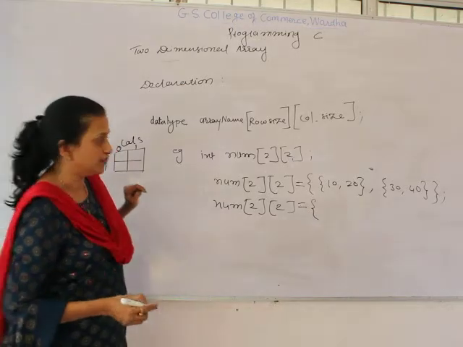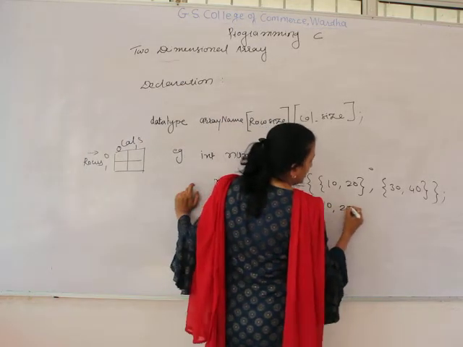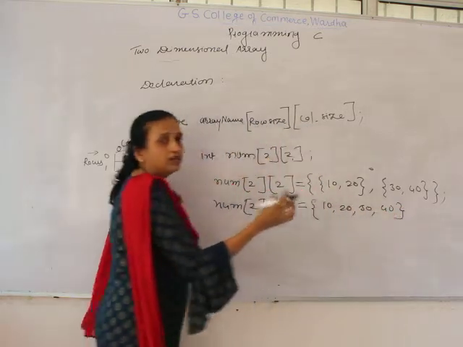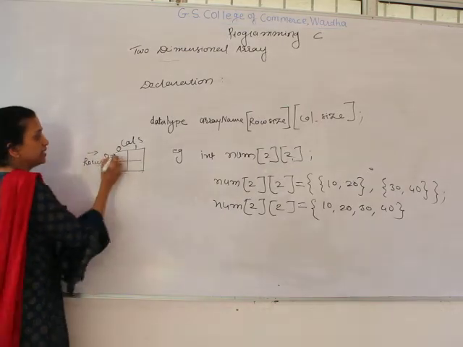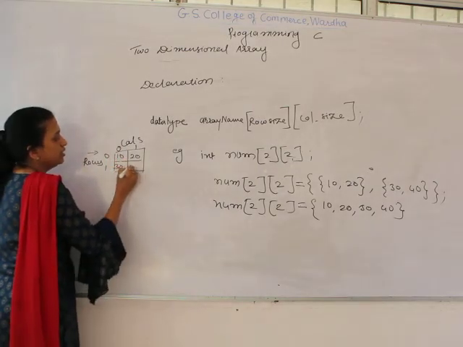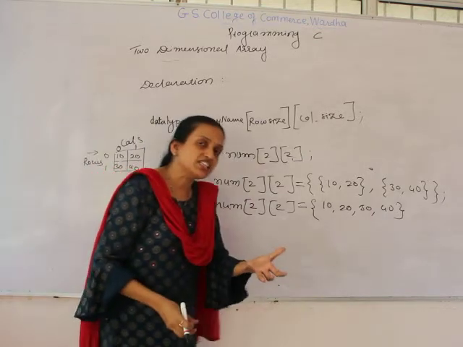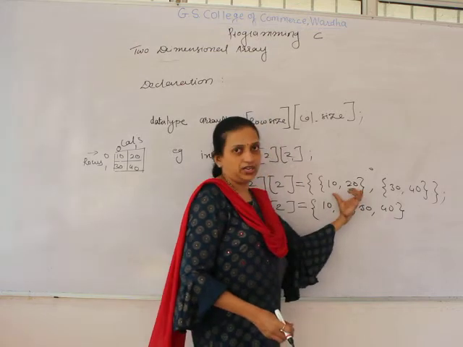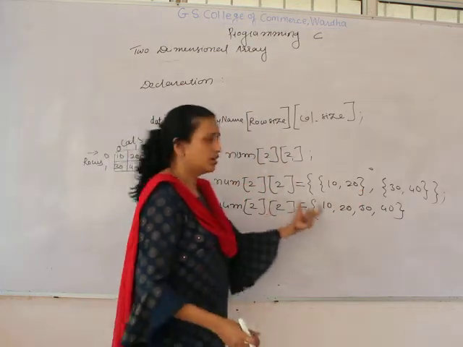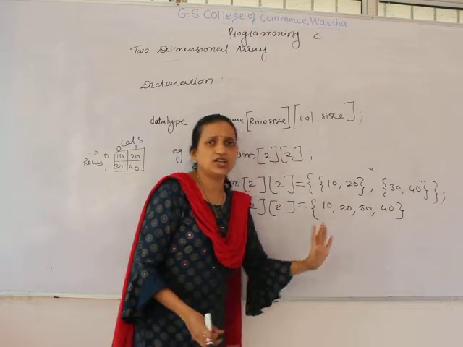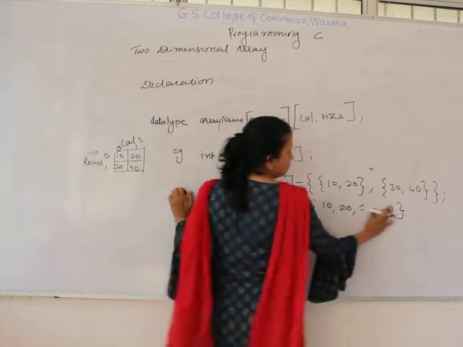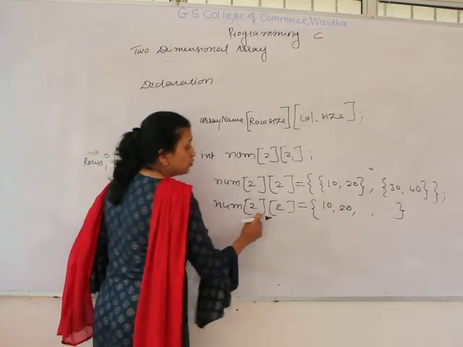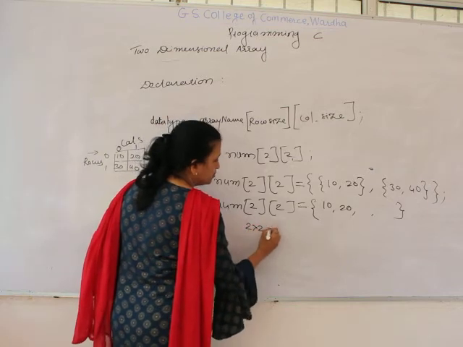With 10, 20, 30, 40, the compiler automatically places the values. You can also initialize by specifying the rows, but if you don't want to, you don't have to. The size of this two-dimensional array is 2 by 2, meaning 2 into 2, which is 4 values.